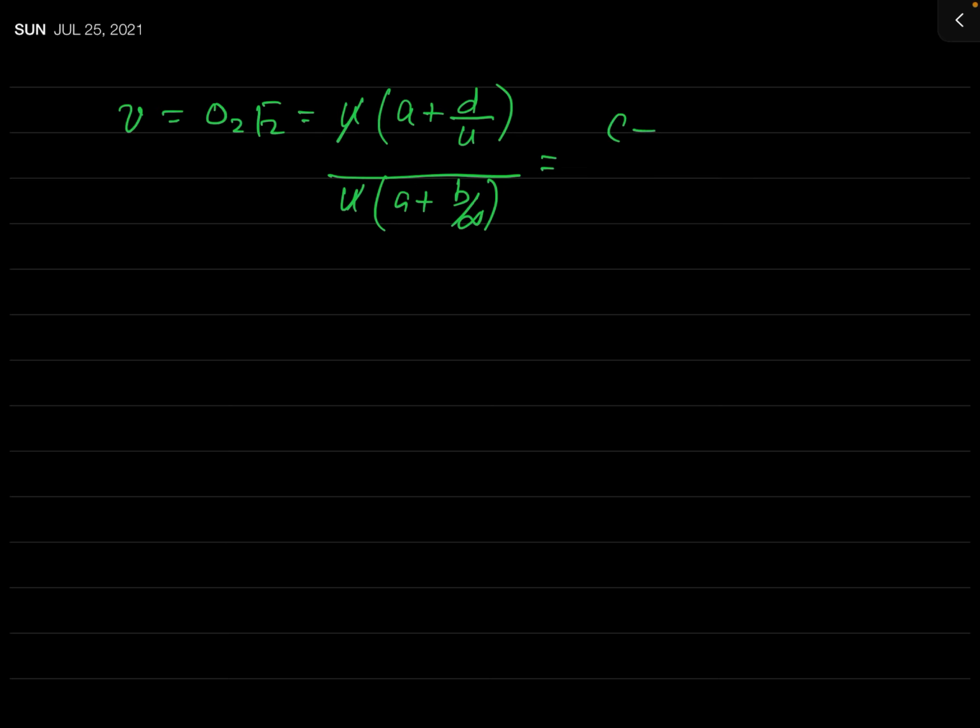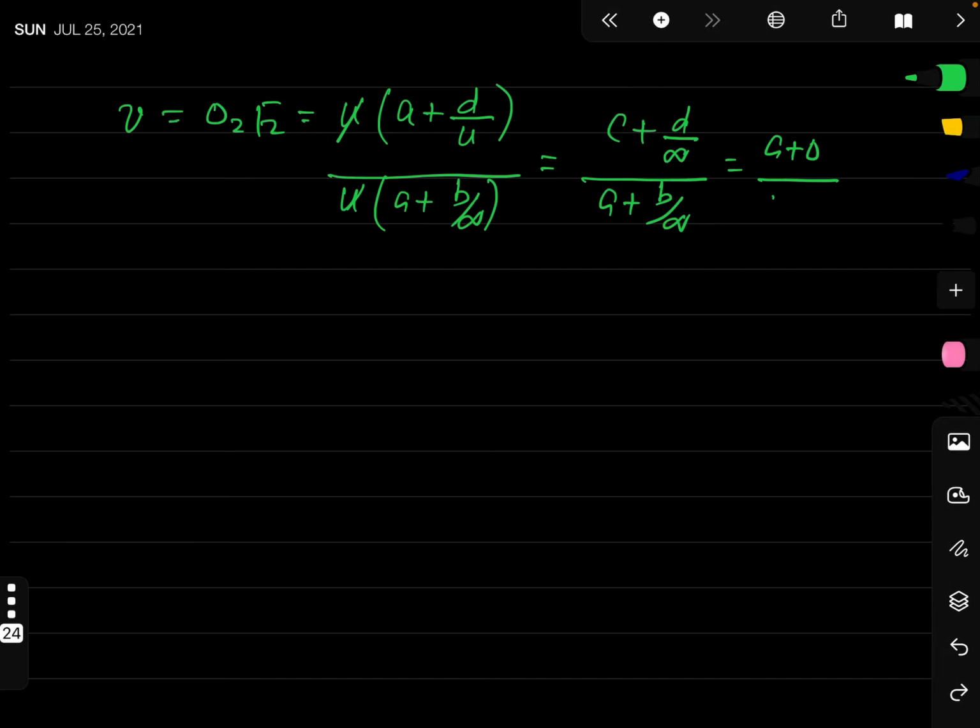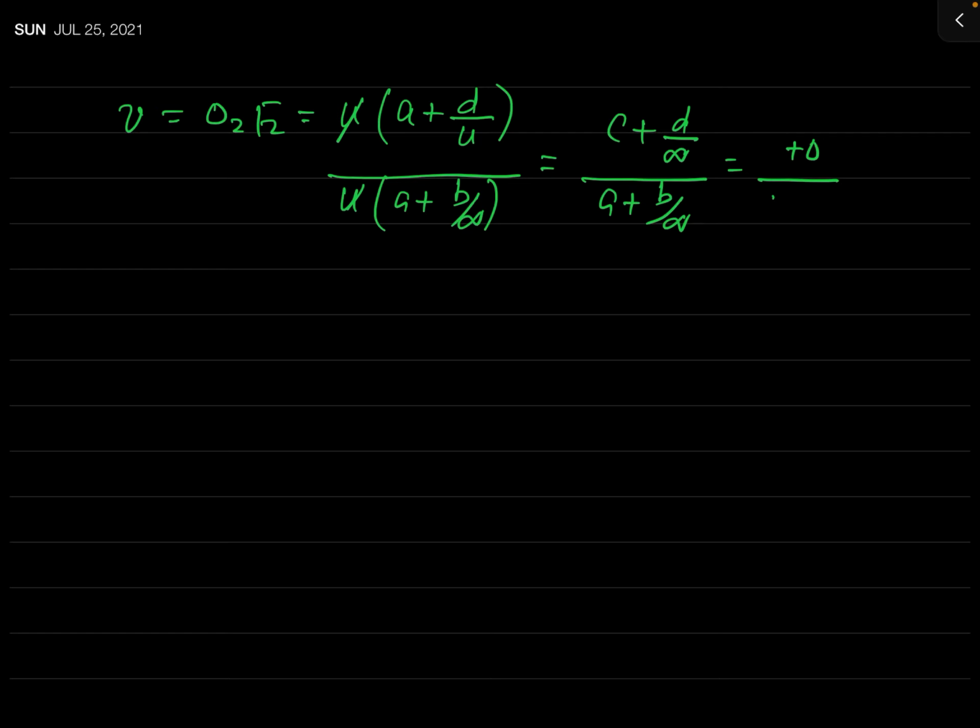So this will be c plus d over infinity divided by a plus b over infinity. So this is c, not a. C plus 0 divided by a plus 0, and so this is simply equal to c by a.